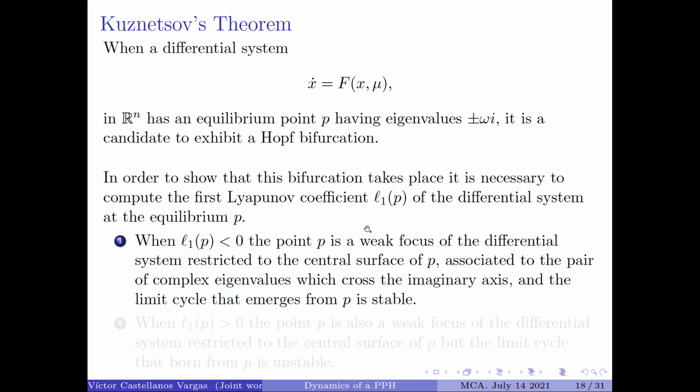When the first Lyapunov coefficient is negative, the point P is a weak focus of the differential system restricted to the central surface of P, associated to the pair of complex eigenvalues which cross the imaginary axis, and the limit cycle that emerges from P is stable.